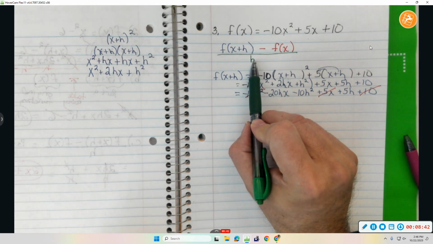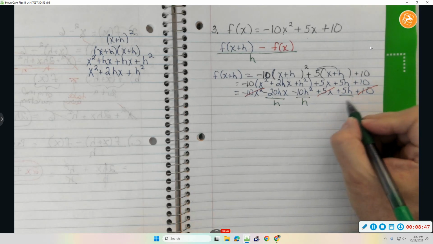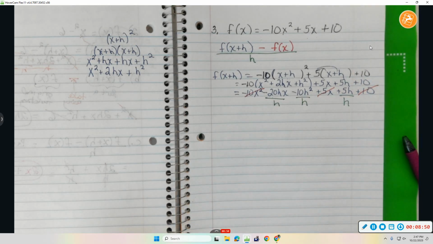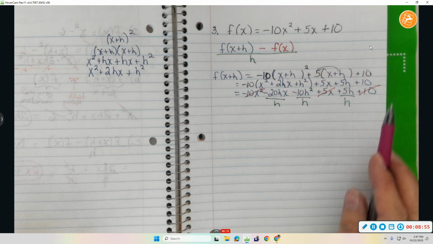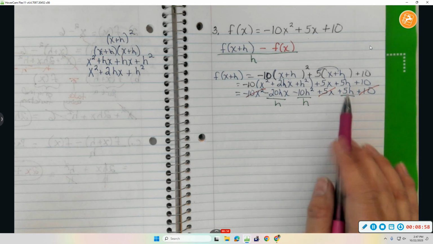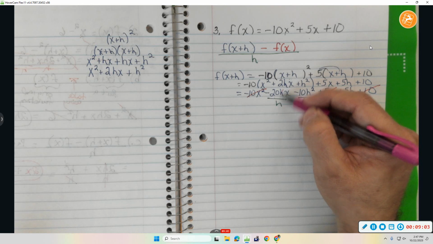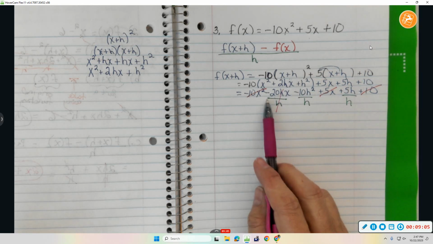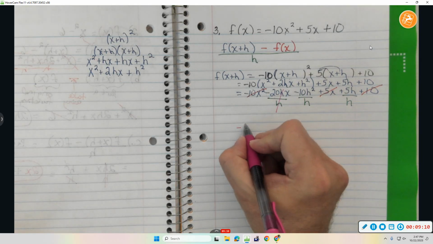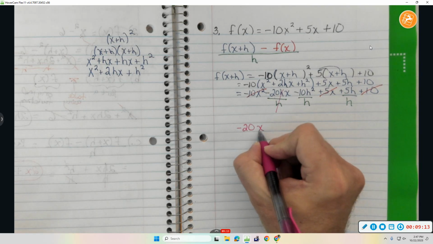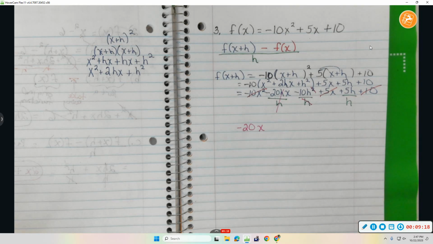Now in green, over H, over H, over H, and call out what we're going to have as our final answer. What I'm about to write, once I cancel these H's, that's going to be the final answer. That's the difference quotient. So here, those H's cancel. Oh, this looks so messy. I have a negative 20x. Okay, good. You cancel the green H with one of the H's on top.